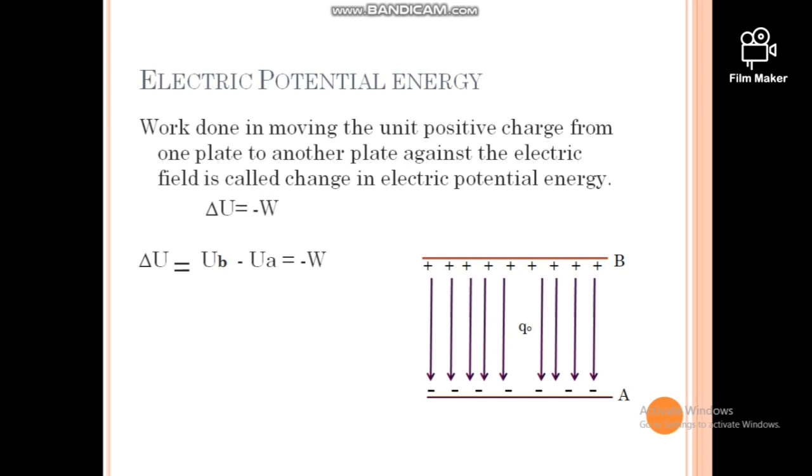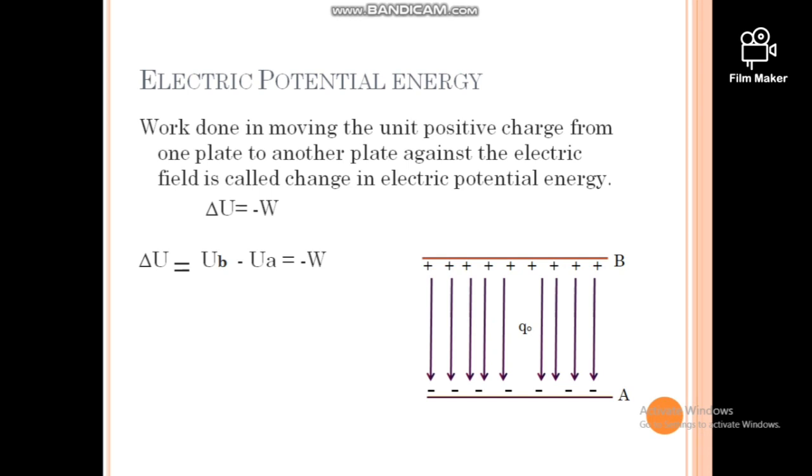And this is the difference of electric potential energy, which is defined as the amount of work done in moving a unit positive charge from one plate to another plate against the direction of the electric field. If we move plate A and place it at infinity, then the potential energy at plate A is equal to 0, and then the potential difference UB minus UA is equal to UB, that is equal to minus W, and this is called the electric potential energy.